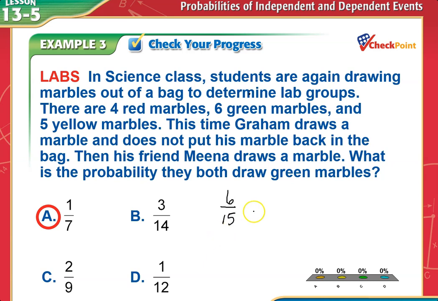If you don't put it back in, there is 1 less green marble, and there's 1 less actual marble itself. So these can reduce by division of 5. And the 6 and the 14 reduce by division of 2. And then I guess the 3's do reduce. And there's your 1/7.